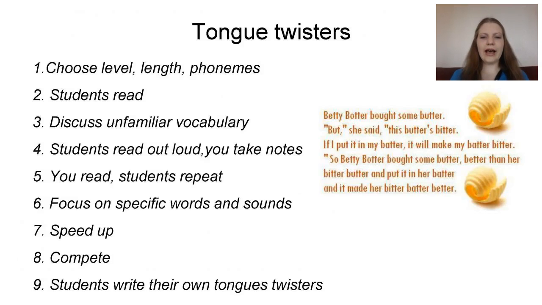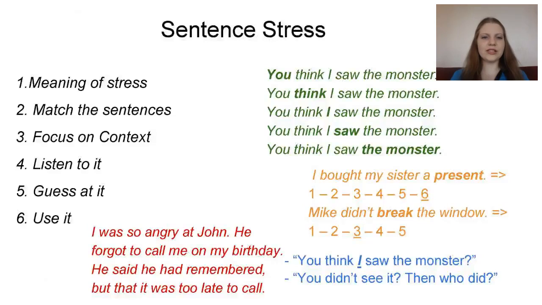Okay, now then, there are also some strategies for teaching stress and intonation. We are unfortunately going to skip those to make sure that we are within our time limit.